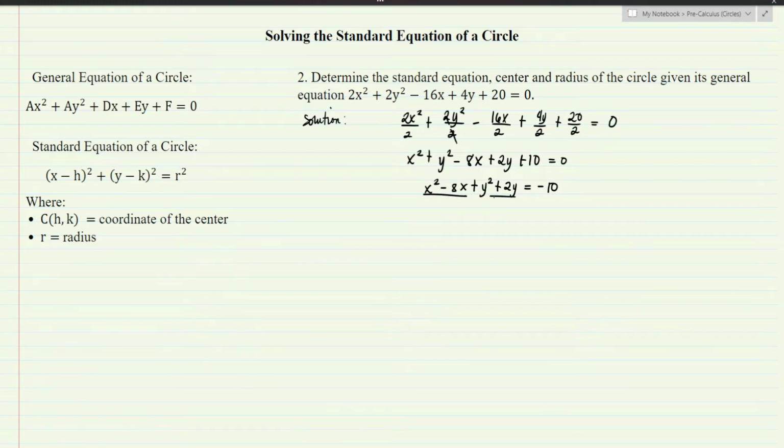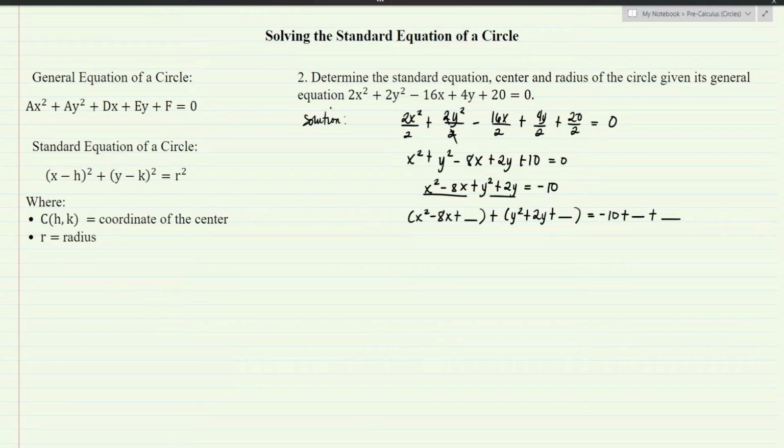We'll need to supply them with a constant term. So I will rewrite them as x squared minus 8x plus the first constant term, followed by y squared plus 2y plus the second constant term, equal to negative 10 plus the two constant terms.